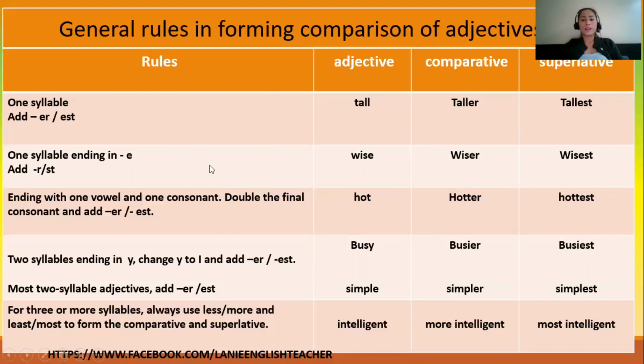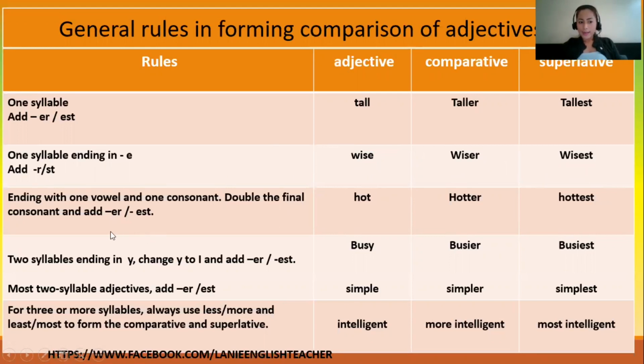Second rule, one-syllable adjectives ending in e, like the adjective wise, which ends with e. We add r in the comparative and we add st in the superlative. So it becomes wise, wiser, and wisest.